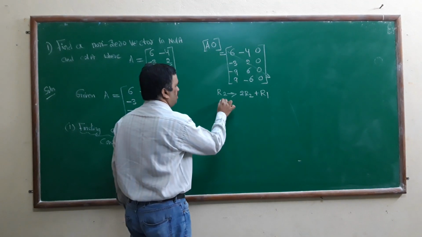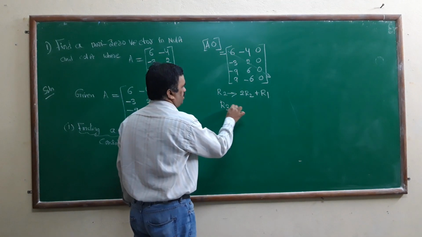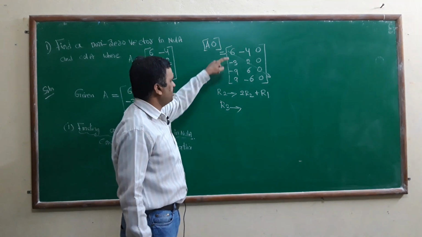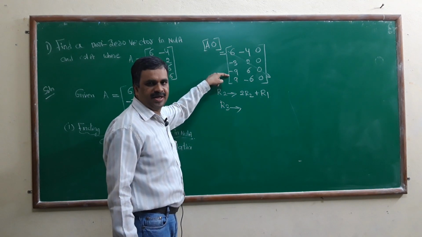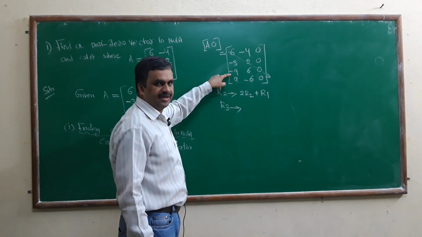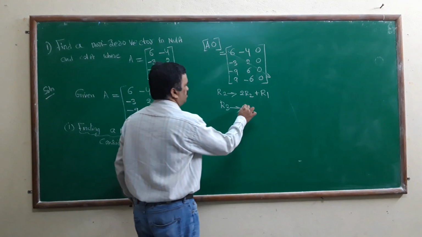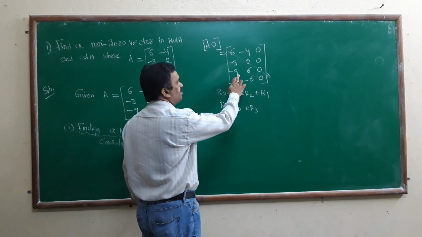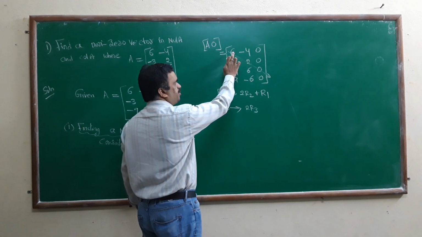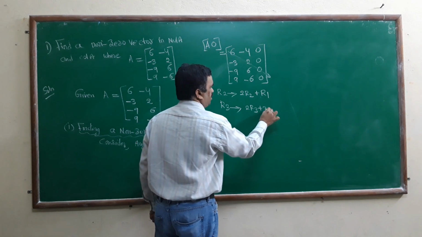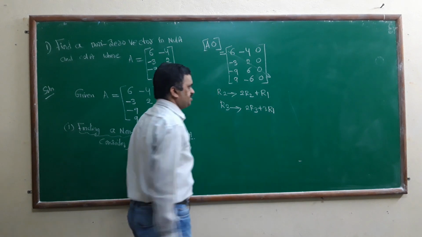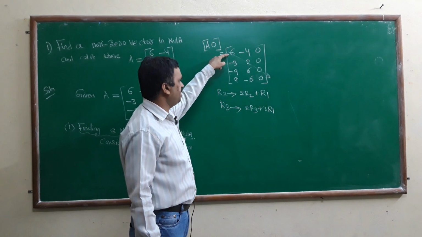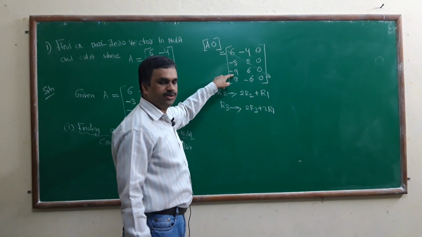Next, R3 becomes 2R3 plus 3R1: with 6 and -9 the LCM is 18, so I multiply by 2 and 3, and -18 plus 18 gives 0.